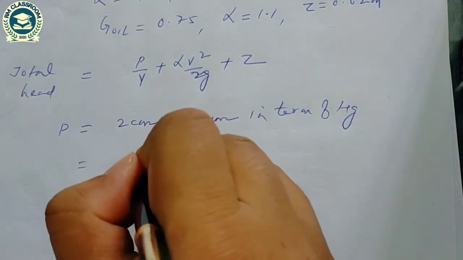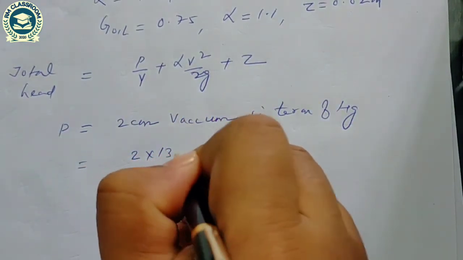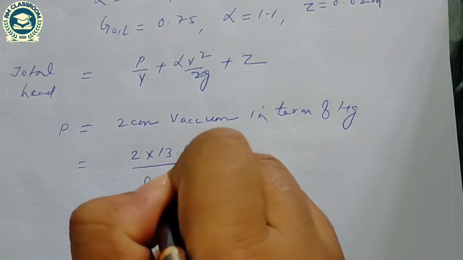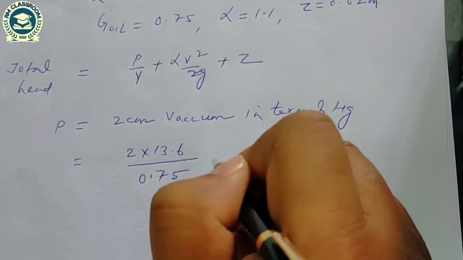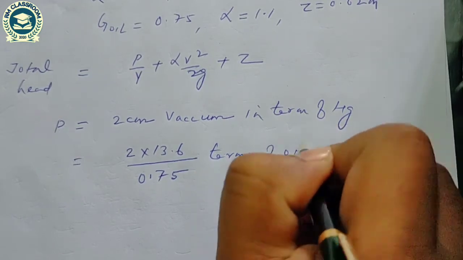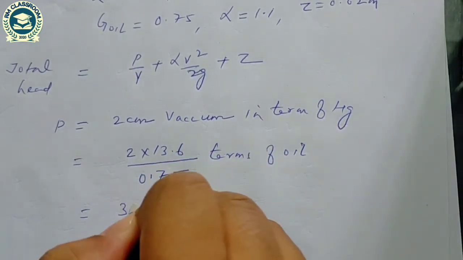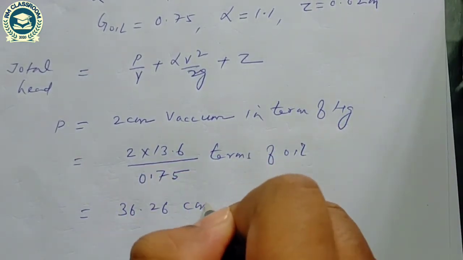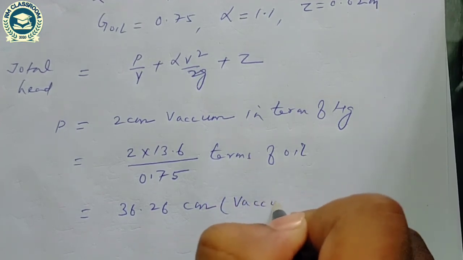So we can compute 2 into 13.6 divided by specific gravity, which is given 0.75 in terms of oil. So it is 36.26 centimeter vacuum.